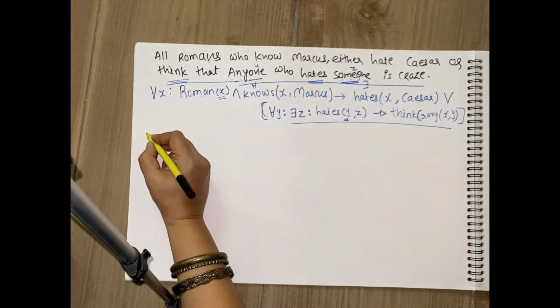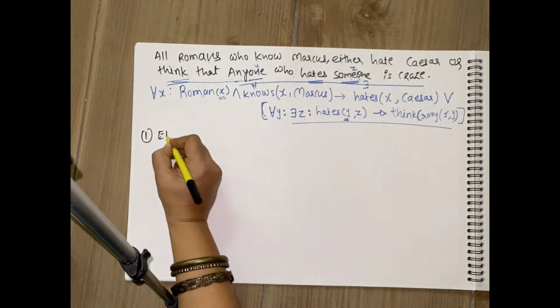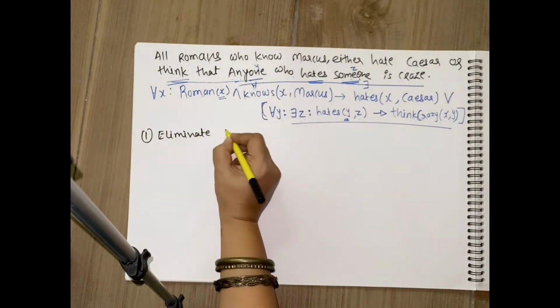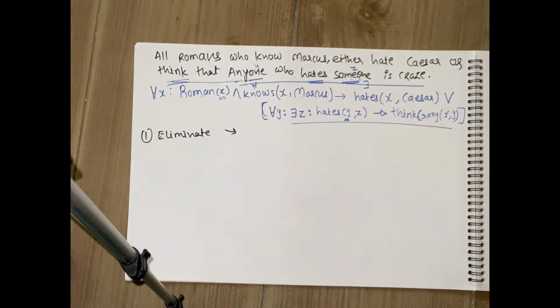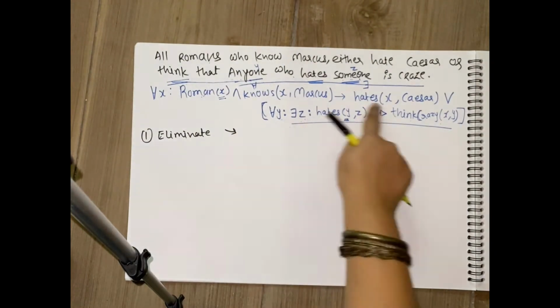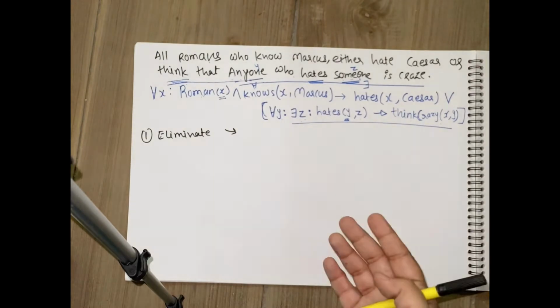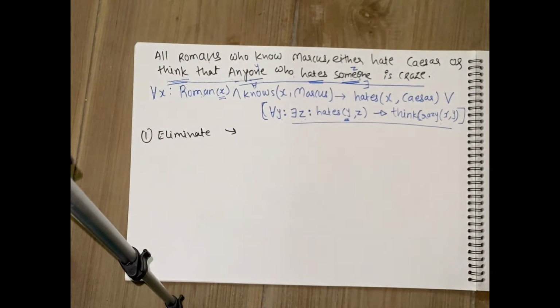The first step says that eliminate implication. Now see why we are going to apply these steps. Imagine that if you have to process this entire statement and prove something, apply backward chaining or forward chaining, it is going to be so difficult to process this, right?